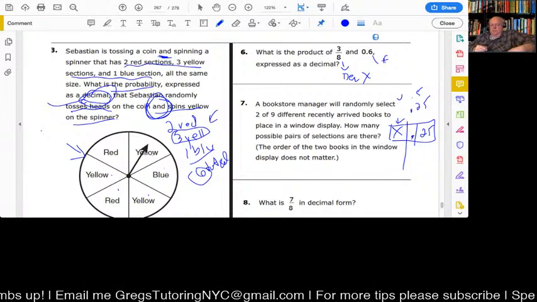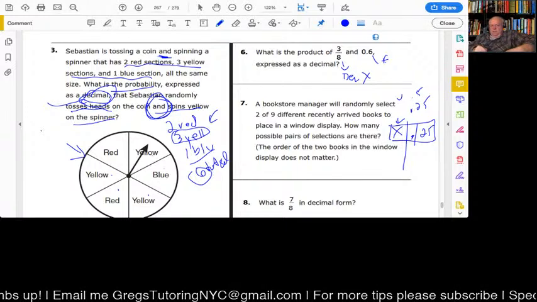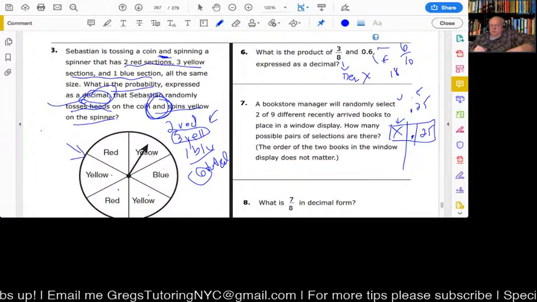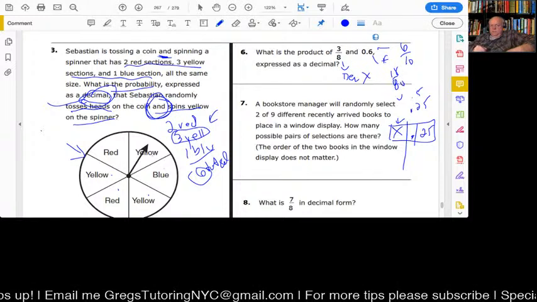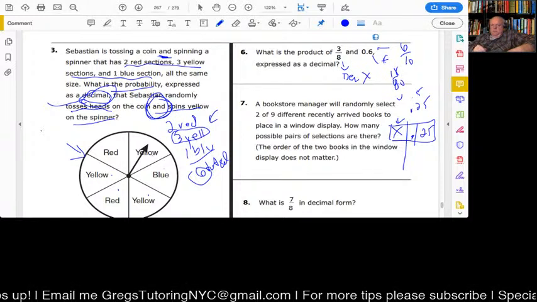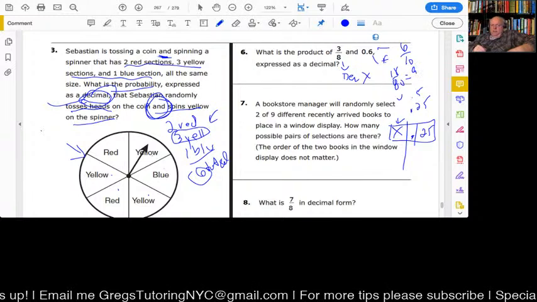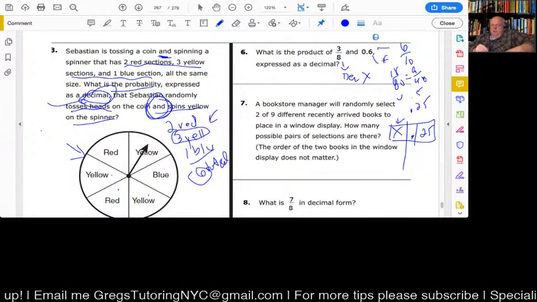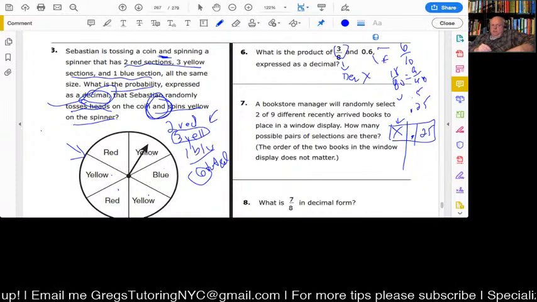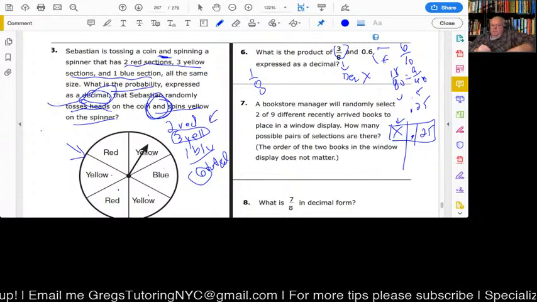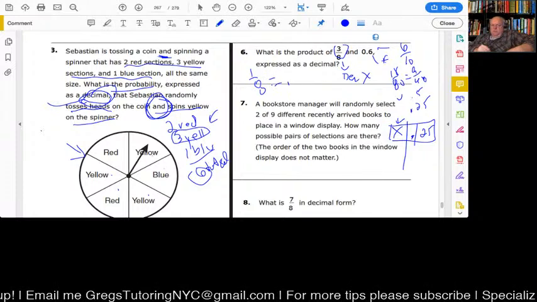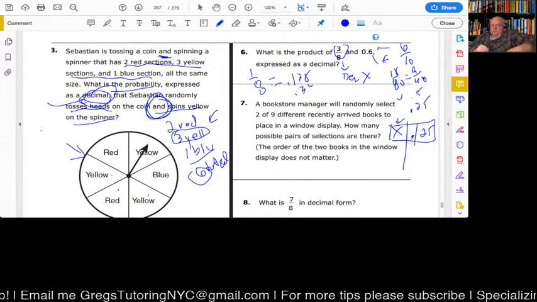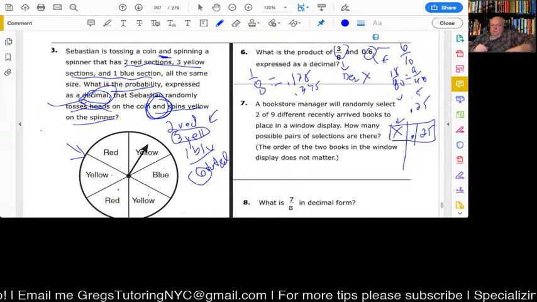Either way works fine. In other words, you can make this 6/10, and then you get 18/80, right? 2 can go into it, you get 9/40, and then you can convert that. Otherwise, if you know an eighth is 0.125, you guys should know this off the top of your head, times 3, so you get 0.375, and this is 0.6.